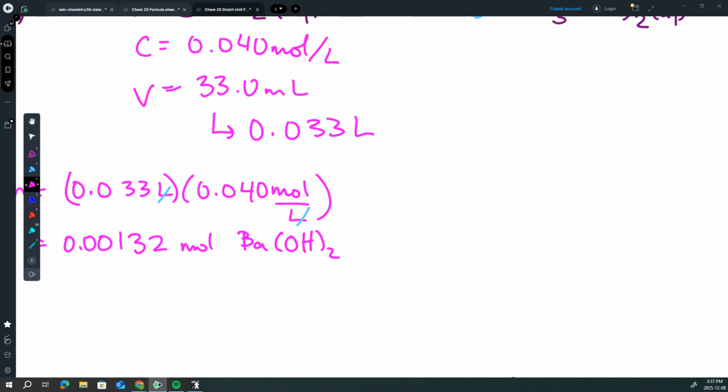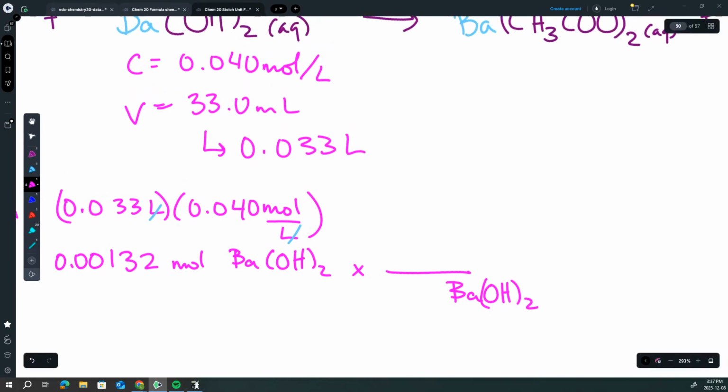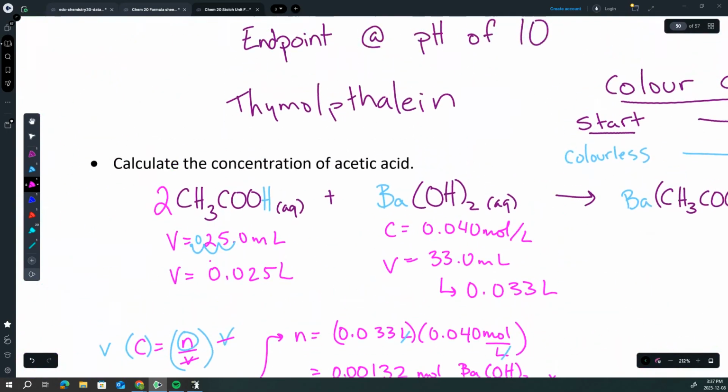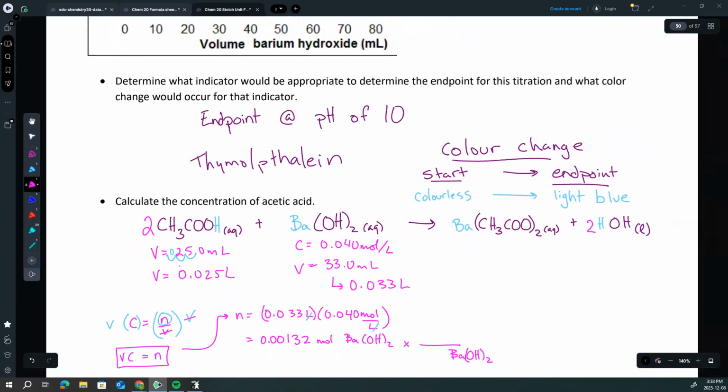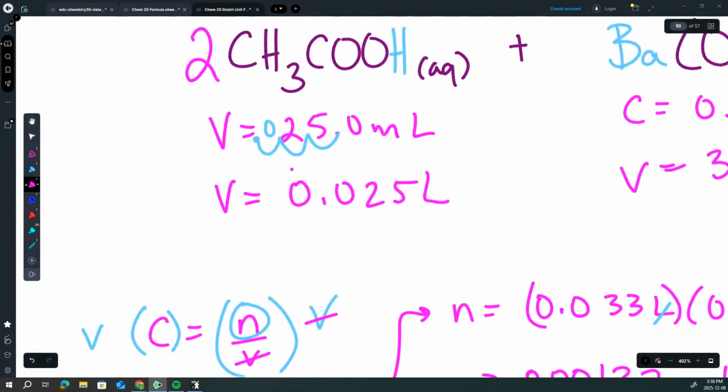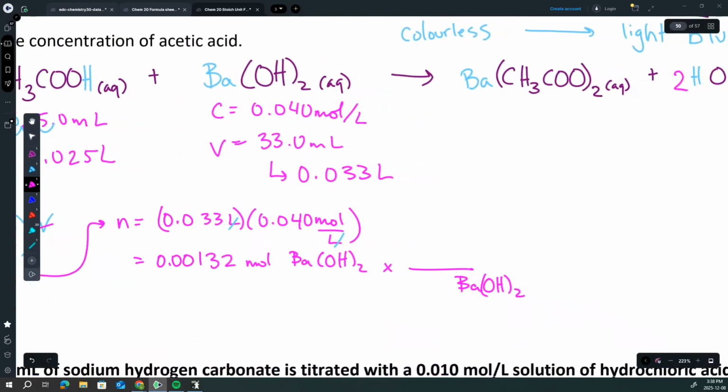Okay, so step 2, find moles of your given, done. Step 3, use your mole ratio to convert moles of your known substance to moles of your unknown substance. So I'm going to go times by a fraction. Our known substance was barium hydroxide. Our wanted substance, because it says calculate the concentration of acetic acid, is acetic acid.